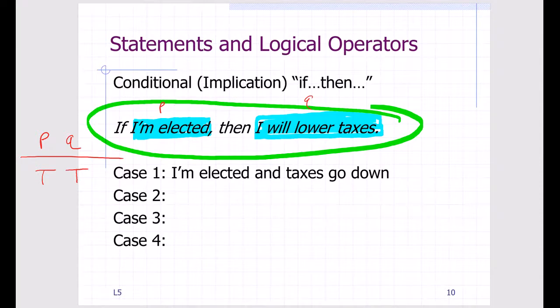So when P and Q are both true, yes, I am elected and taxes go down. All right, I kept my word. I did not lie. But in case 2, what would that be? If P is true and Q is false, that means I am elected, true, but taxes don't go down, so Q is false.